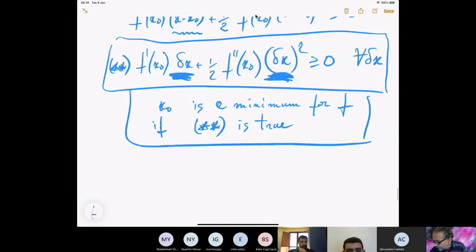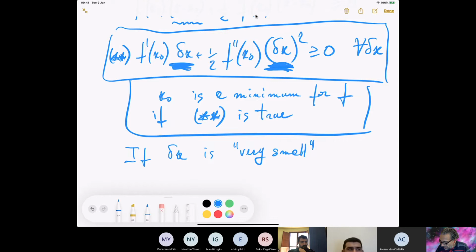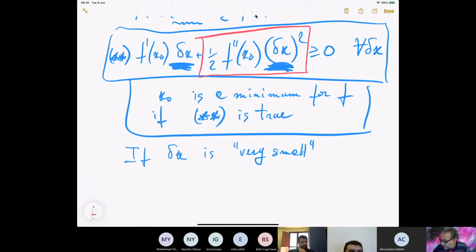Okay. So now, if delta x is very small, this term here is negligible.